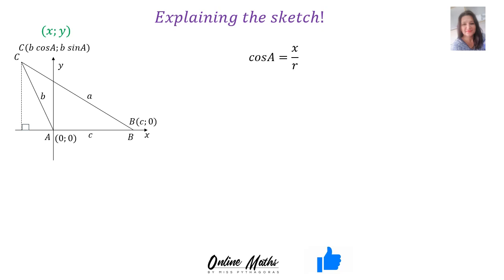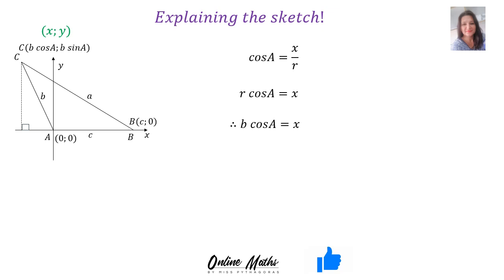When you make x the subject of the formula, you end with r cos A = x. But in that right angle triangle, can you see that the hypotenuse is little b? So in r's place you substitute little b. That is why the x coordinate can be written as b cos A.